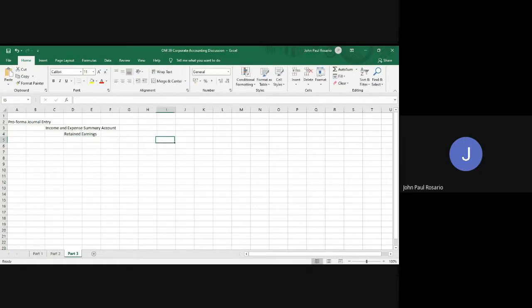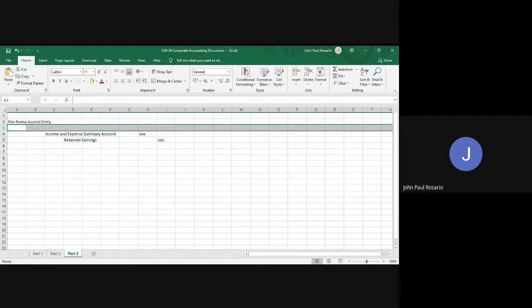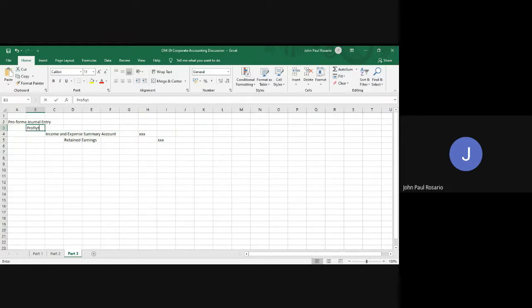Okay. So debit and then credit. So if there is a loss, it's just an inverse of that. If there is a loss, retained earnings will be debited because it entails a decrease.